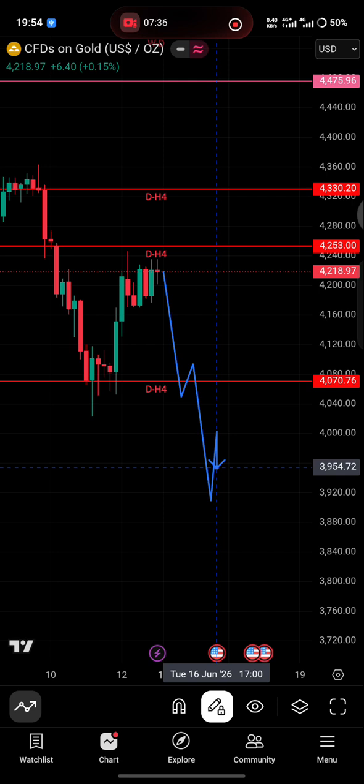So anything that is happening on a chart always has a reason to back it up, right? If a single price action on the chart doesn't have a reason to back it up, that is not a price action. But every single reaction and price action on the chart has a reason to back it up, right?